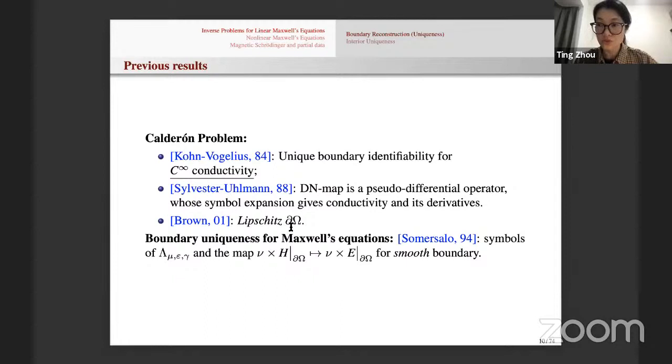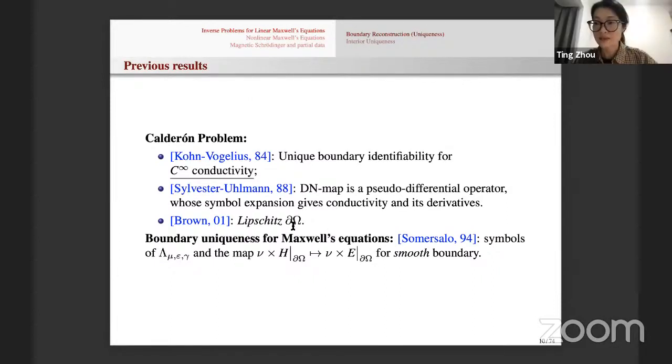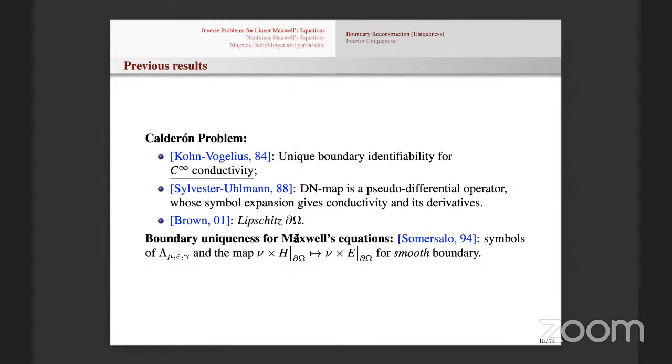If it's just continuous, you can just recover the value of the parameters. Yes. So if I understand it correctly, he generalizes in both ways. That is, he assumes less regularity on the conductivity and also less regularity on the boundary. Right. But I think the difficult part is really the boundary being Lipschitz. I see. Okay.